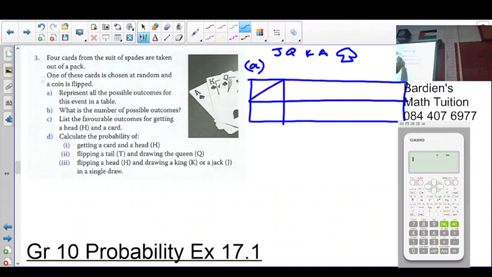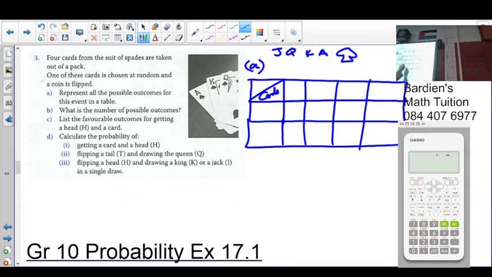So here we'll have the card. We'll go across the cards. So let's go Jack, Queen, King, and Ace. As I said, it could be any 4 of the 13 cards. And the coin is tossed.